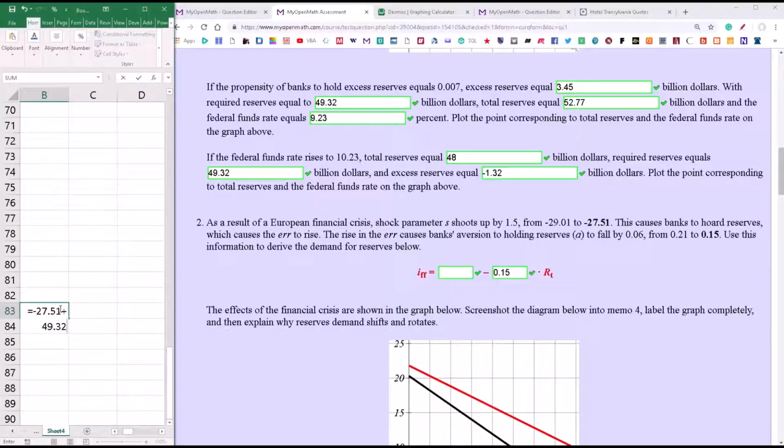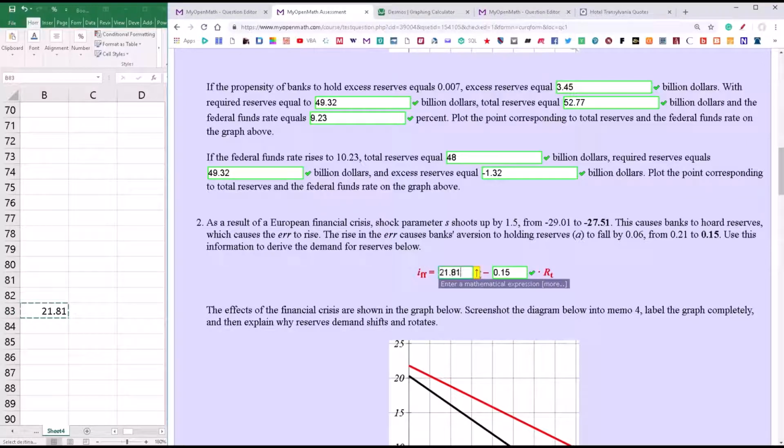So I have the new shock parameter of negative 27.51 plus the required reserves, the reserve requirement ratio times total checkable deposits in the banking system. And that new intercept is 21.81. Okay, and you can see that the original intercept was just above 20. Now the new intercept is close to 22. The slope also got lower, so the demand curve got more elastic.